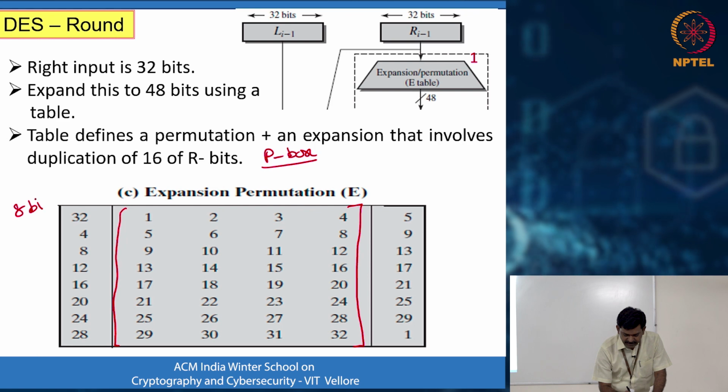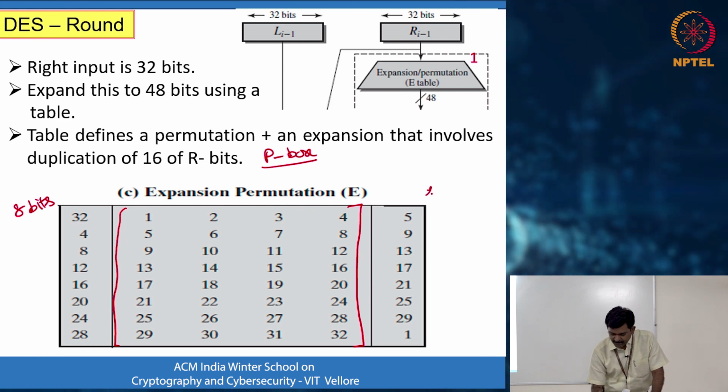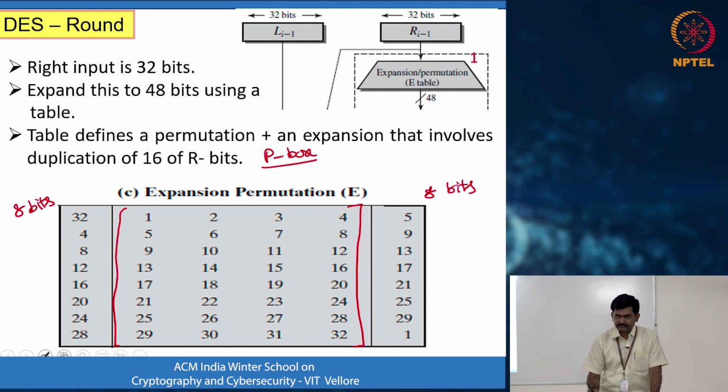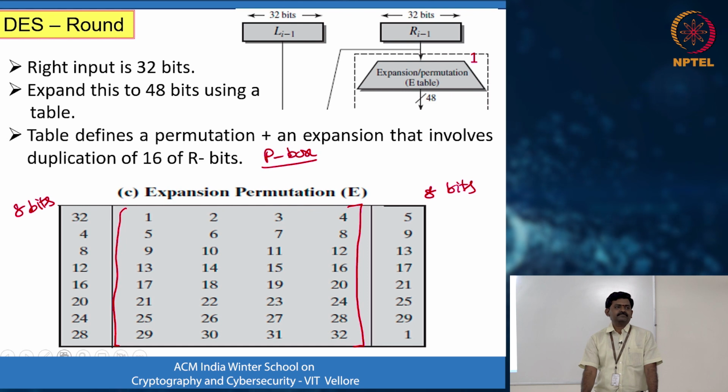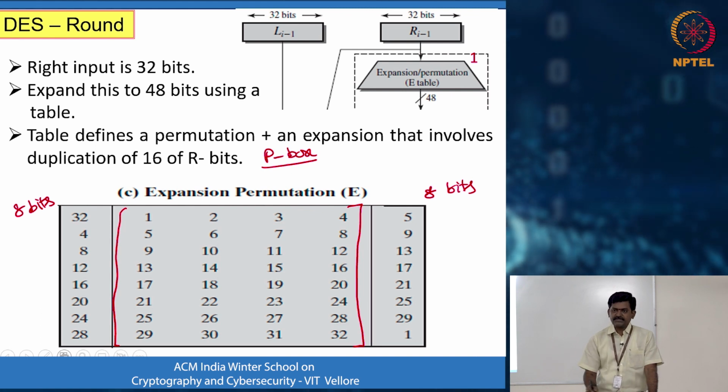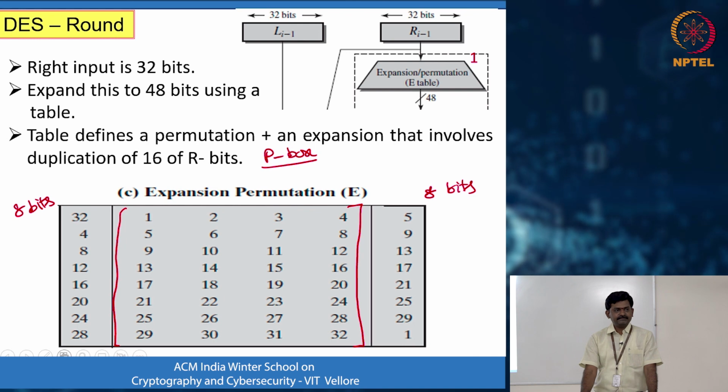8 bits on the left, 8 bits on the right. What are the bits? The bits are given here. Now how many bits have come? 48. So 32 plus 16, 48.